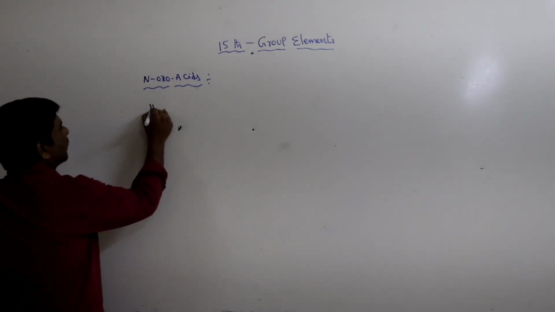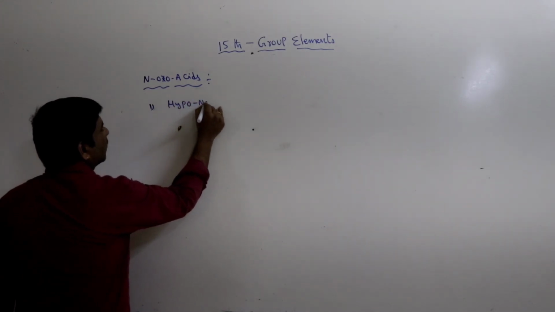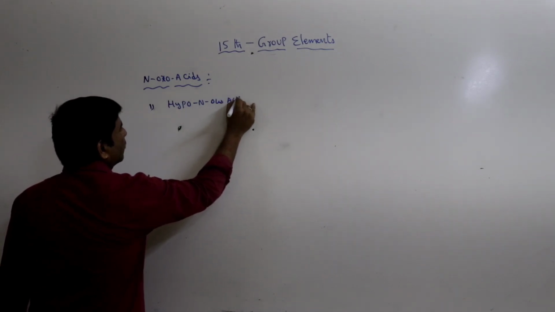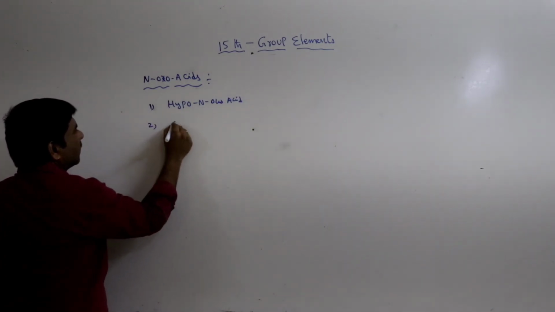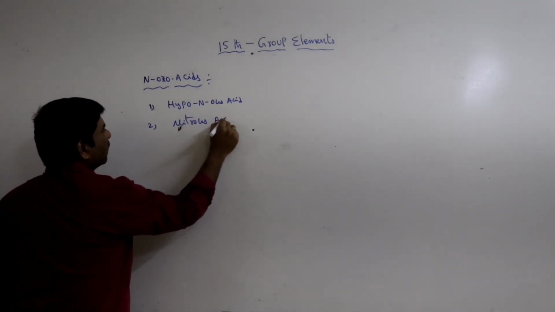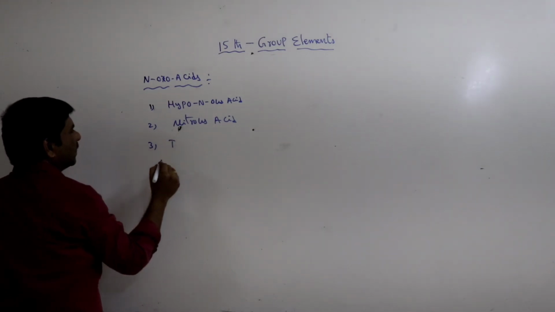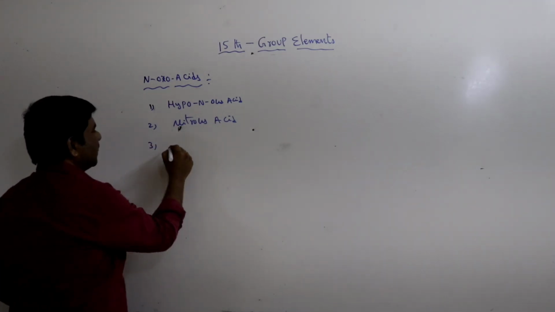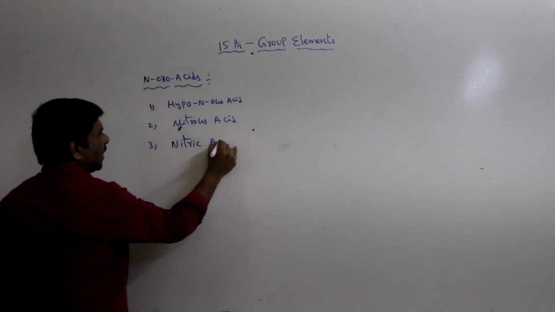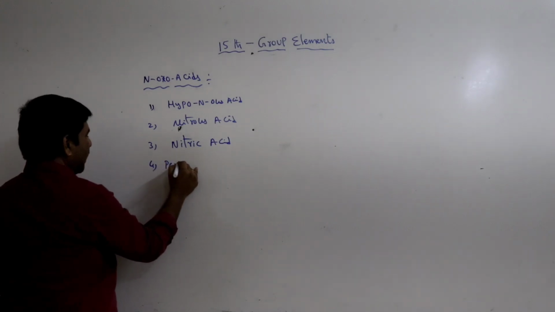One is hyponitrous acid, second one nitrous acid, third one nitric acid, fourth one pernitric acid.